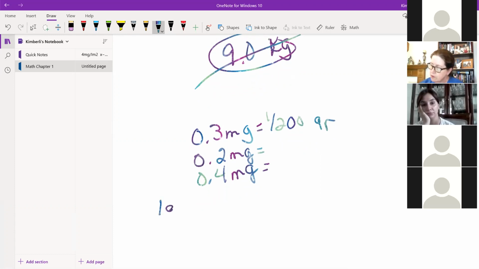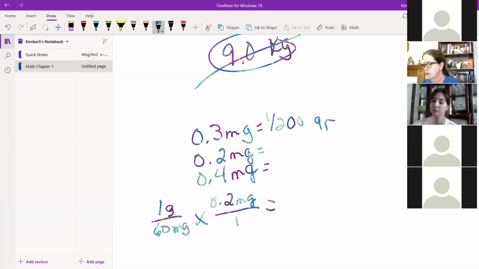So 1 grain is 60 milligrams, times 0.2 milligrams. So we have 1 times 0.2, and 0.2 divided by 60. Let's see if this is how we're doing it. 0.003.